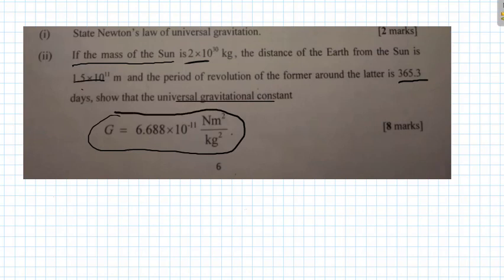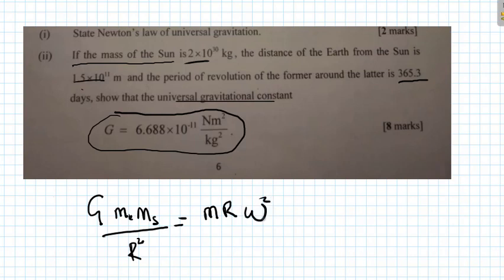Okay, so to get started with this question, you recall that G, which is the universal gravitational constant, multiplied by m for the earth, multiplied by m for the sun, over the distance between them, which is squared, should be equal to m r omega squared.